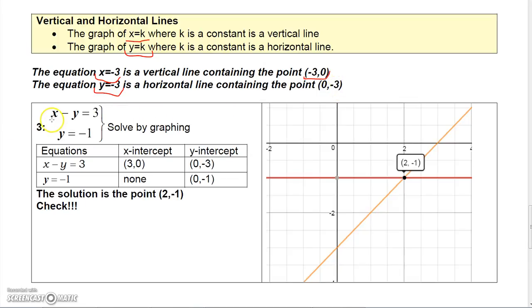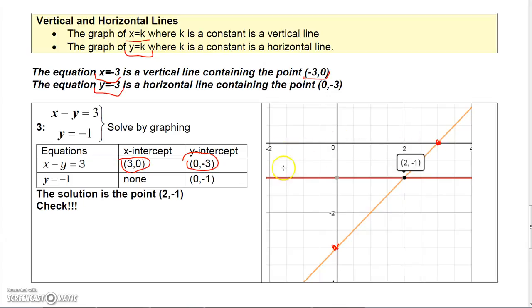So if I wanted to solve this system by graphing, the first equation I would graph like I showed you before. I would cover up the x value, solve for y, and I'd get y as negative 3 for the y-intercept.